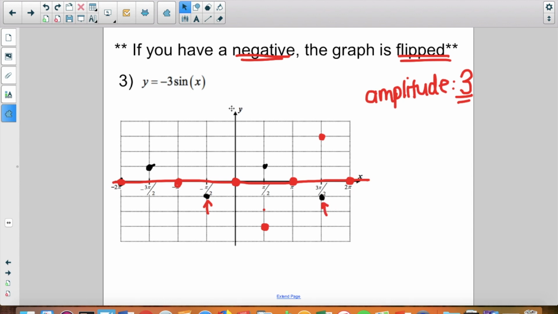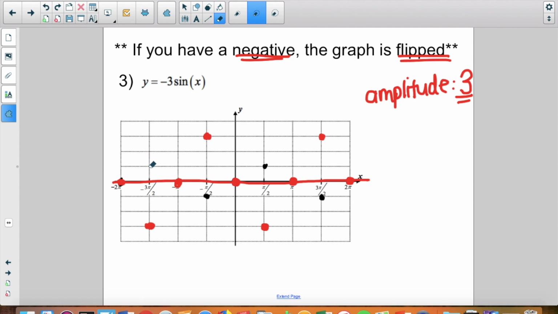I don't know why I can't move it anymore. There we go. So that arrow here, instead of being below, it's going to be above. And we use the amplitude to go up 1, 2, 3. And now the last point that we have to look at, which is this one. Instead of being above, it's going to be below 1, 2, 3.